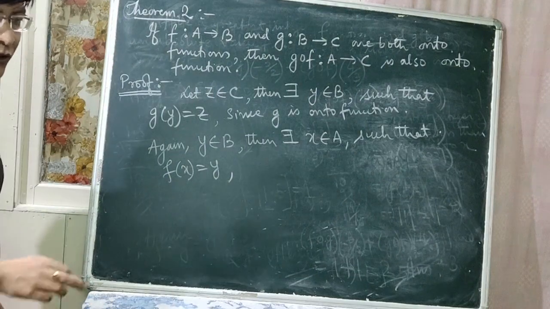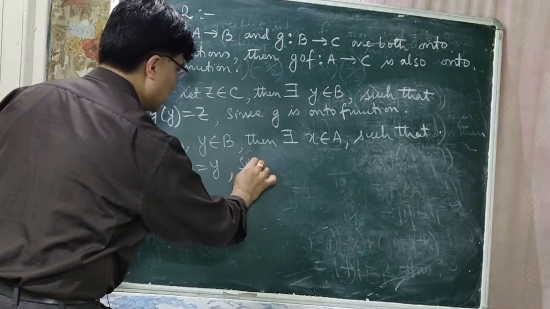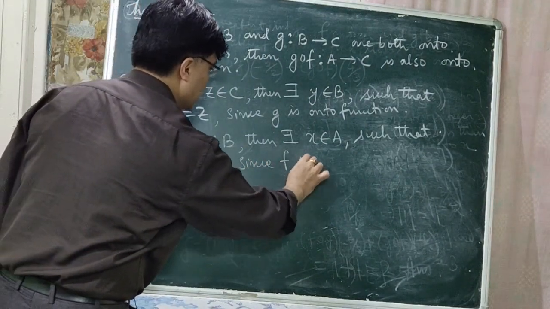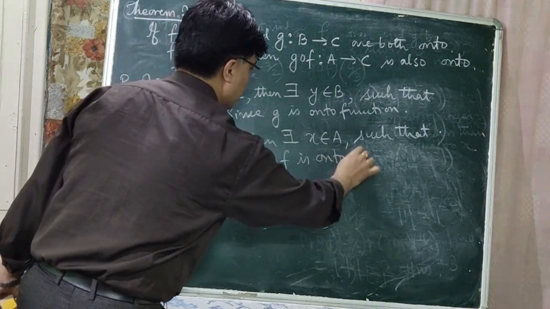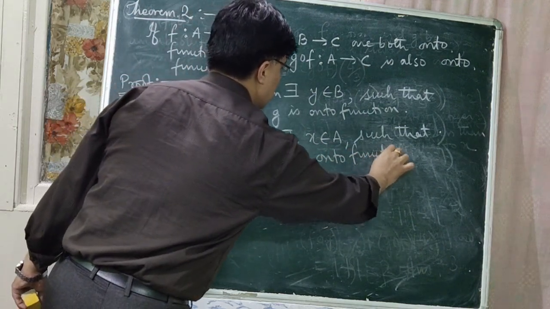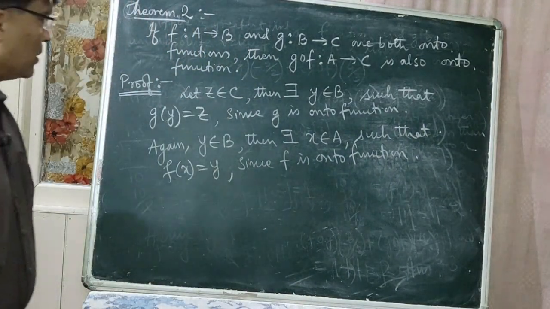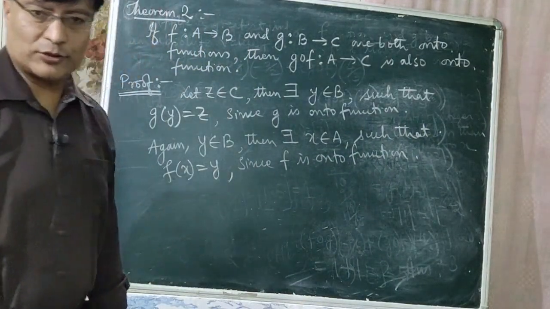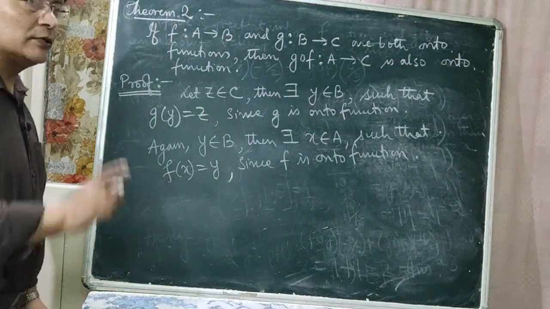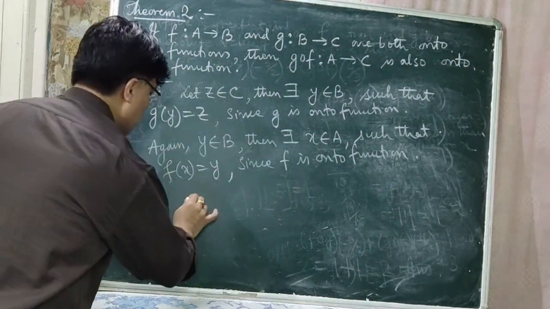Here also, since f is an onto function. So I think you have understood it. Okay, so now you can write therefore.